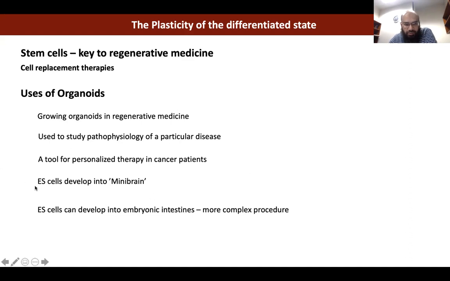So it's also been shown that the ES cells can be developed into a mini brain and into the embryonic intestines, etc. It's a more complex procedure, but organoids have now been, not very commonly, but they've been made and they've been incorporated into the therapeutic procedure of different diseases.